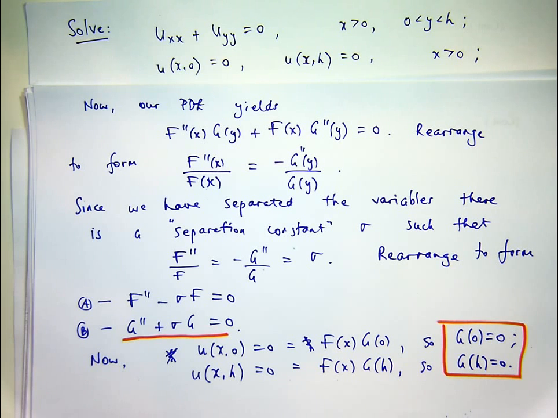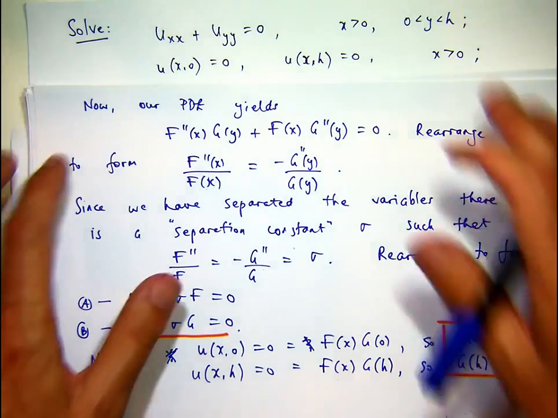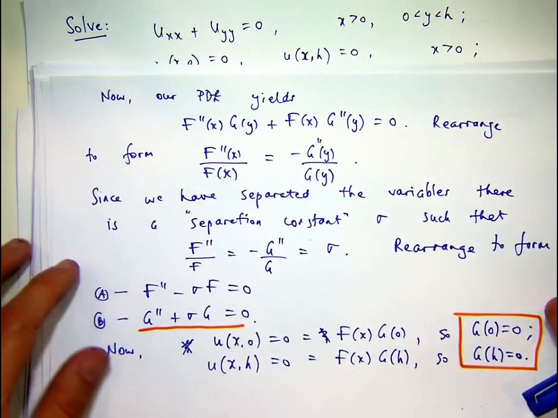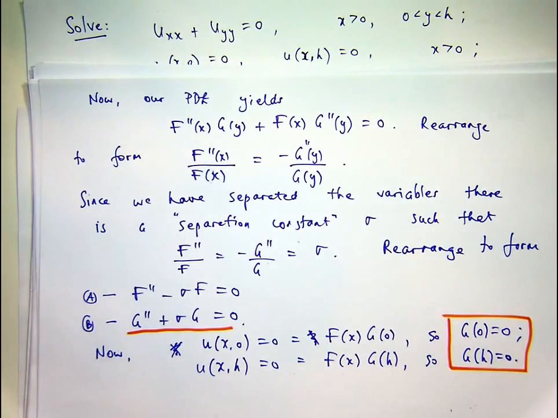Okay? So if we look at the differential equation B, how do we solve that kind of problem? It's a second order homogeneous ODE with constant coefficients. You set up your characteristic equation and you look at the roots. Are the roots real and unequal, or are they complex? Okay, so that's the next sort of phase.